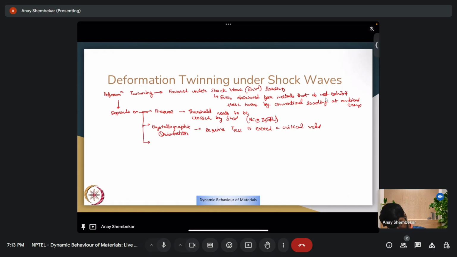The third factor is stacking fault energy. As the stacking fault energy decreases, twinning increases. Another is the pulse duration.